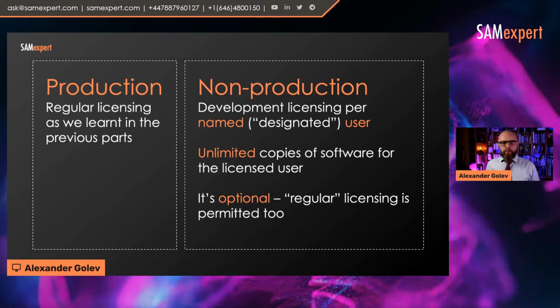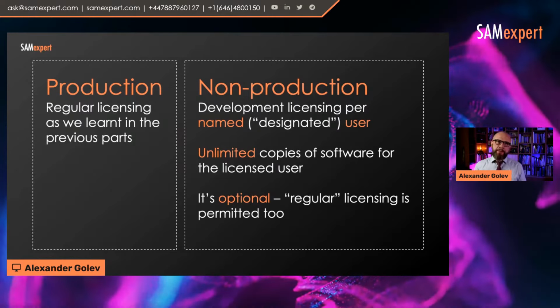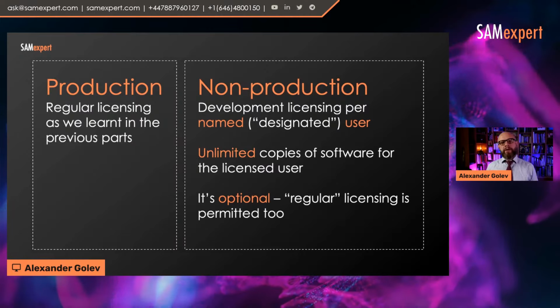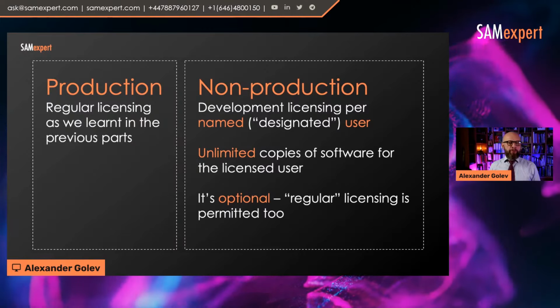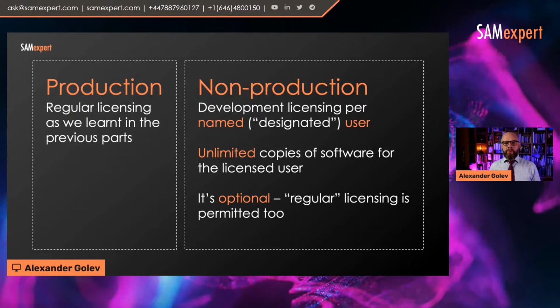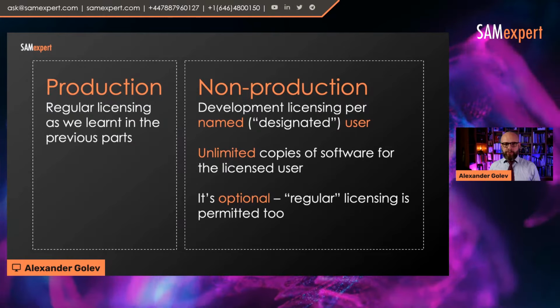But then those named users, which is also unique for development licenses, may use unlimited copies of software. You have 1 copy of Visual Studio, but because you're a licensed user, you may deploy 100 copies.